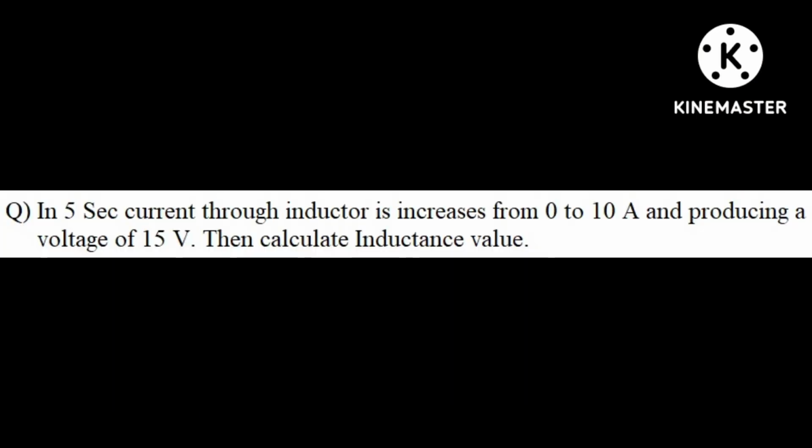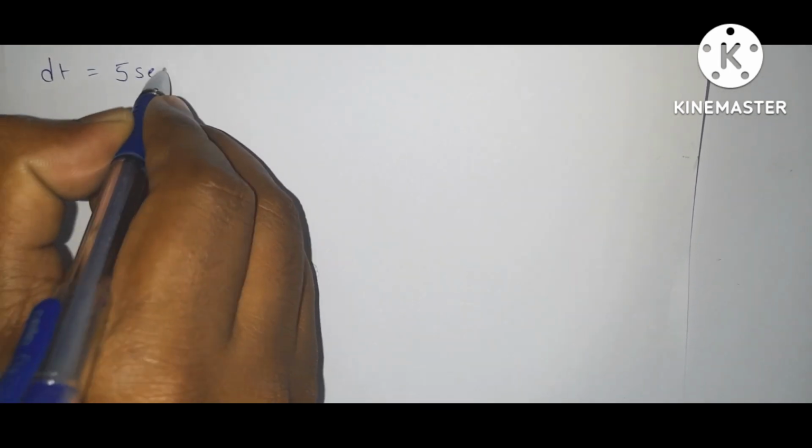Next question. In 5 seconds, the current through the inductor is increasing from 0 to 10 amps and producing a voltage of 15 volts. Then calculate the inductance value. What are the given parameters? In 5 seconds, let dt be equal to 5 seconds.